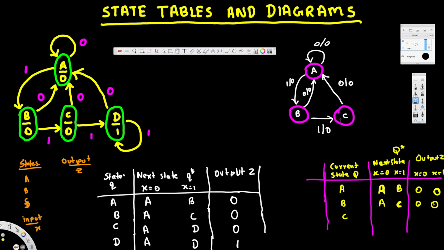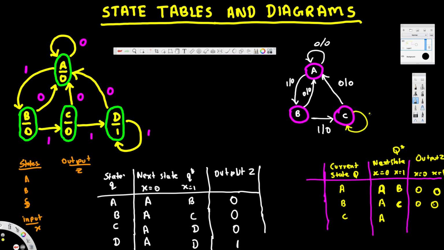Okay, now let's look at C. For C, when the input is 0, output is 0, it goes to A. I forgot to write that one.